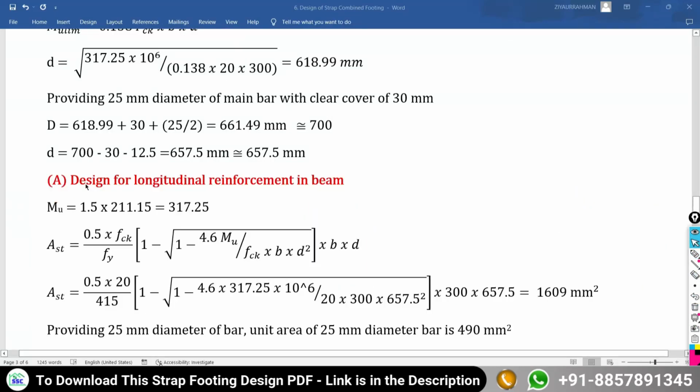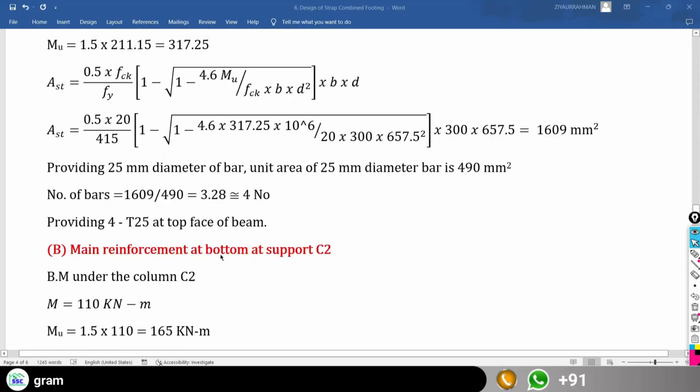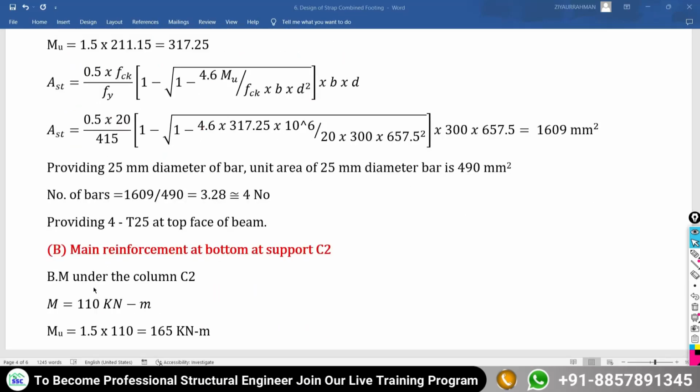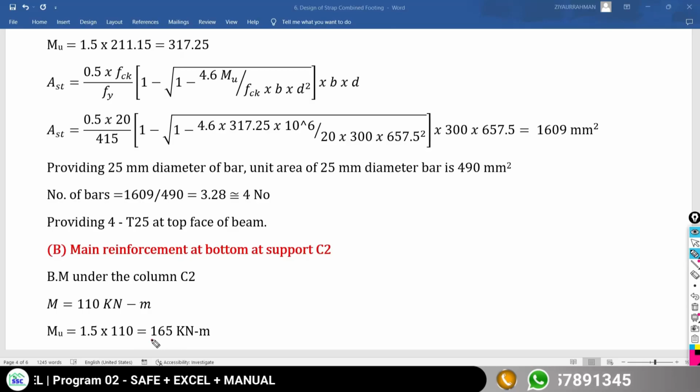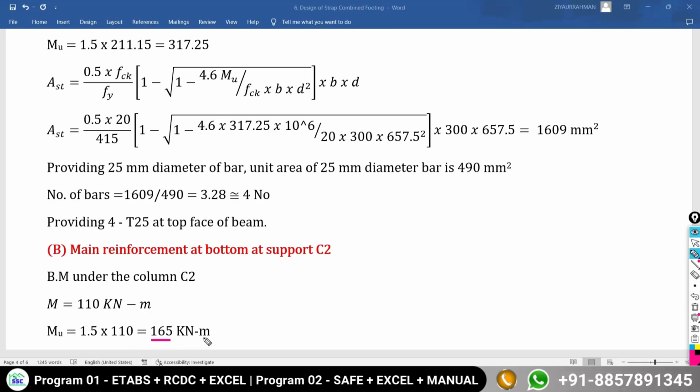Okay, so I am going to design the reinforcement at the bottom at column C2. Under the column C2, how much bending moment did we get? 110 kilonewton meter. If you multiply it with 1.5, you get the bending moment as 165 kilonewton meter.